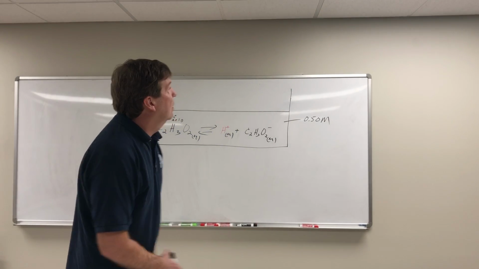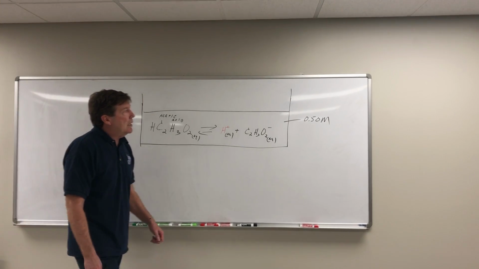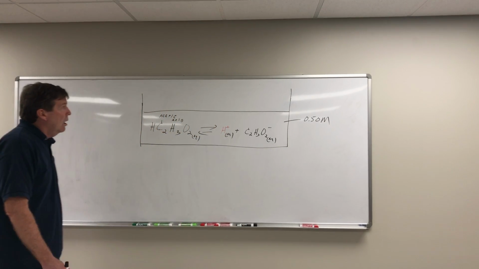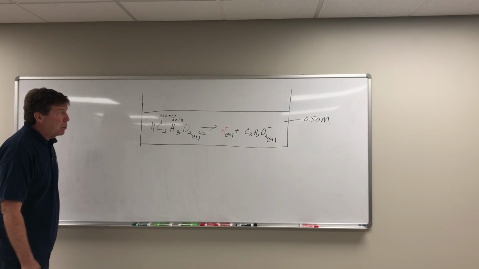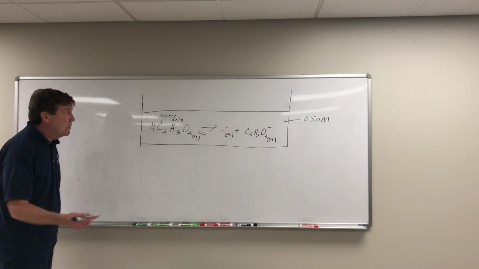Anyway, here we are. We've got an acetic acid solution, and notice the molarity is 0.50 big M. So let's take a look at the Ka expression for that. Nothing new here, just good review.